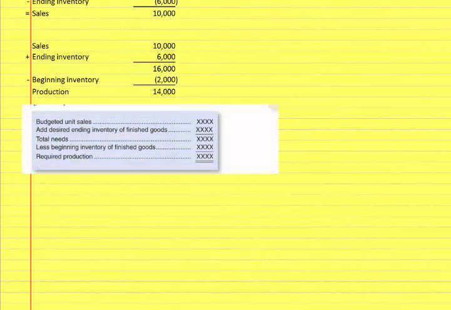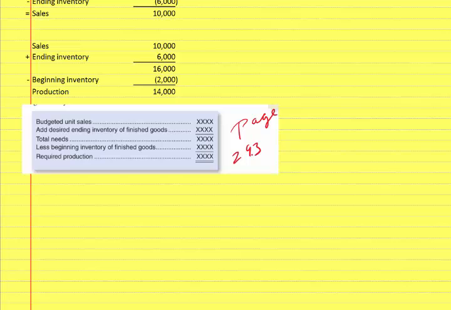So let's take a look at that formula in the book on page 293. It says sales plus ending inventory, and that subtotal, sales plus ending inventory, is called total needs. So let me drop that description in my formula. Sales plus ending inventory gives you total needs.